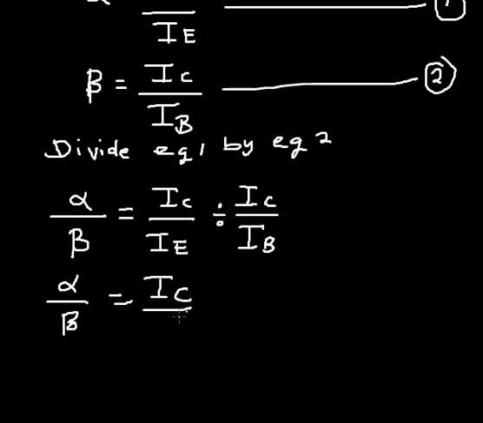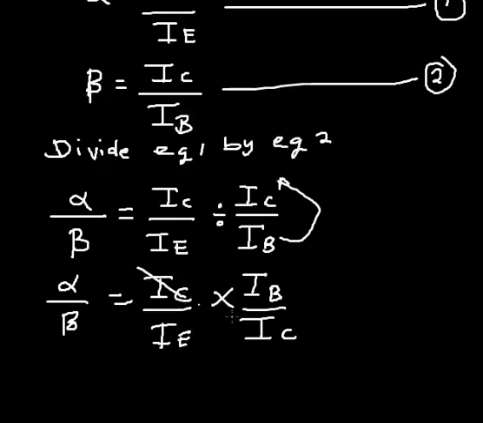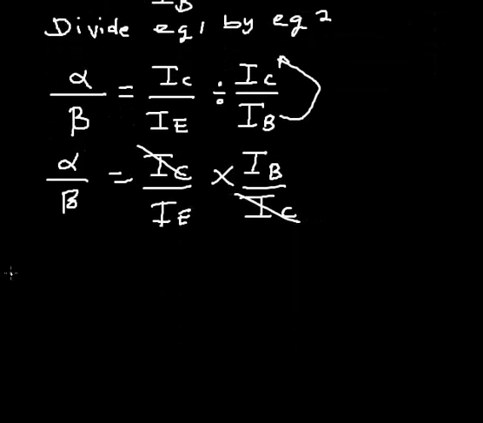So this is IC over IE, multiplied by IB over IC. IC cancels IC, so I have alpha over beta equal to the base current IB divided by the emitter current IE.